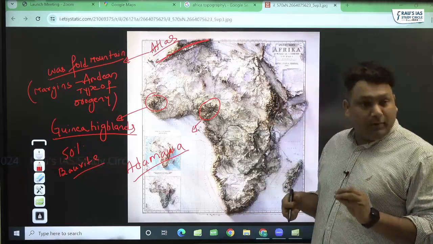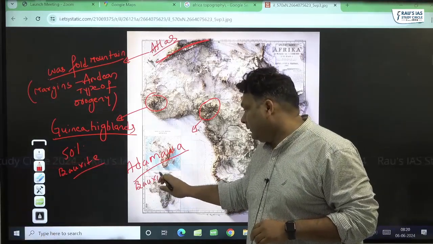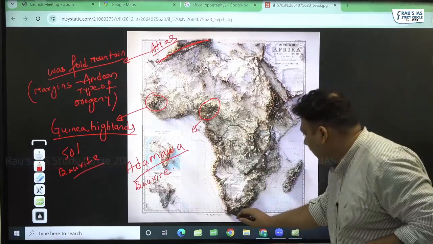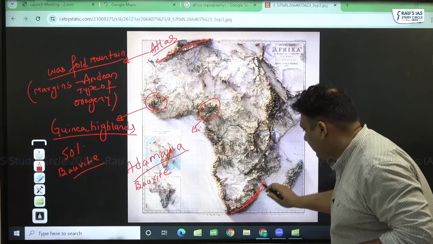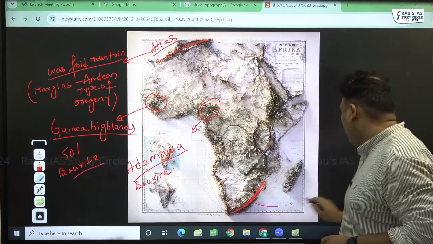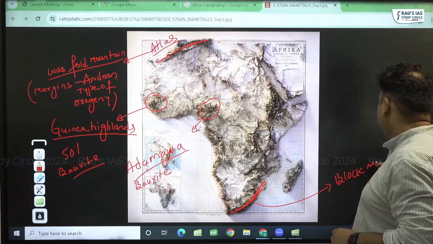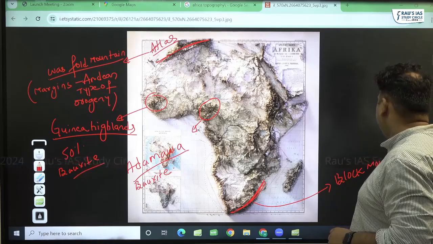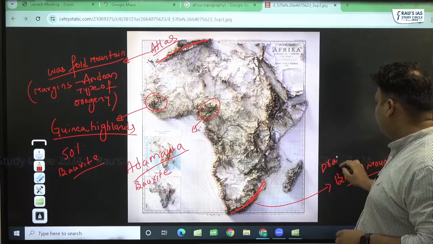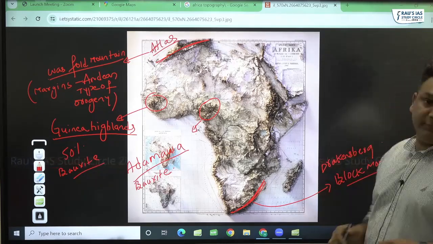So the Adamawa Highlands are also rich in bauxite. Next, here you have, so Atlas is a fold mountain, but this is a block mountain. The name of the block mountain is Drakensberg.